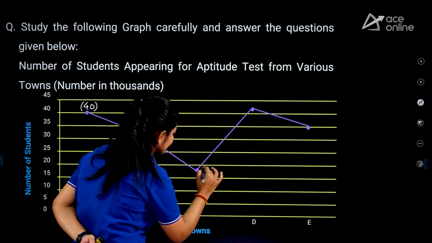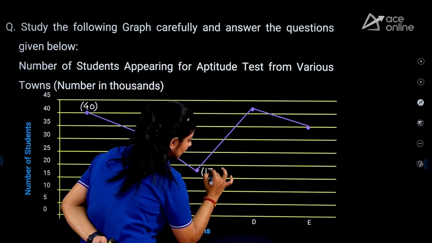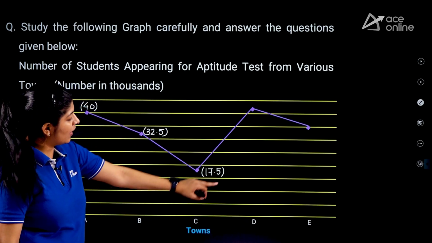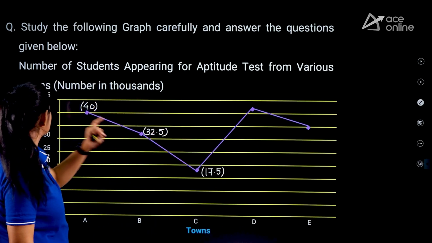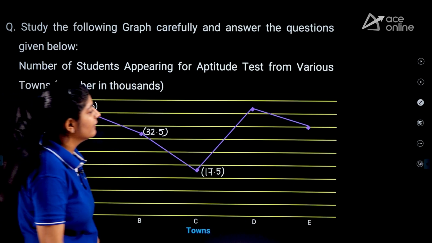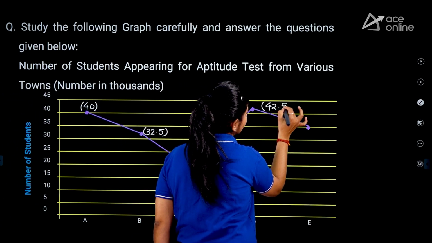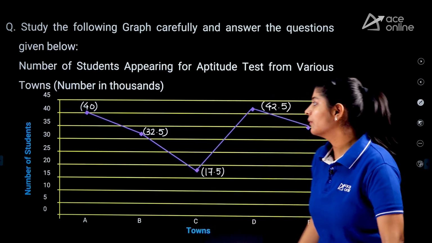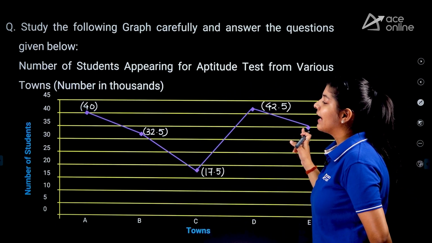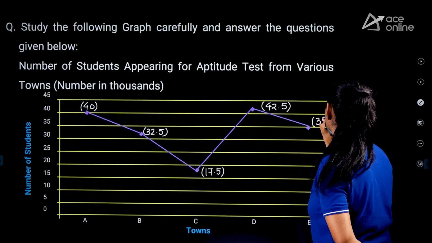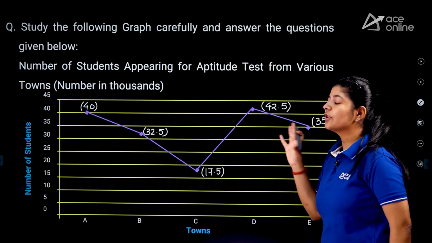So we can say that this is 17.5. Now for the town D, the value lies in between 40 to 45. So we can take a value 42.5, right? Okay. Now this value lies on 35. So we are just going to take it as 35. So these are the values that you are having.